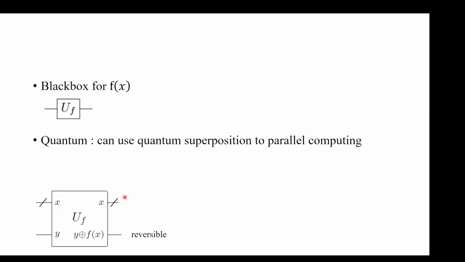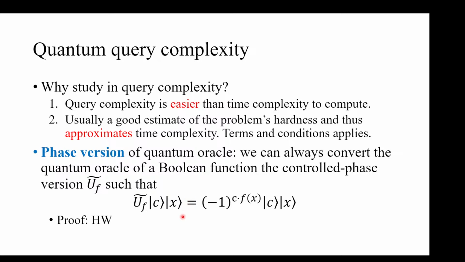You have an input register, an output register, and you write f of x on your output register. However, you can do phase kickback to make the quantum oracle equal to this phase version. Basically, you have some UF tilde that applies on some state x, and you get (-1) to the f of x. So that's the first version of the oracle we talk about.